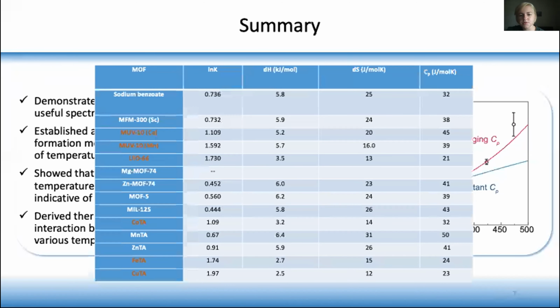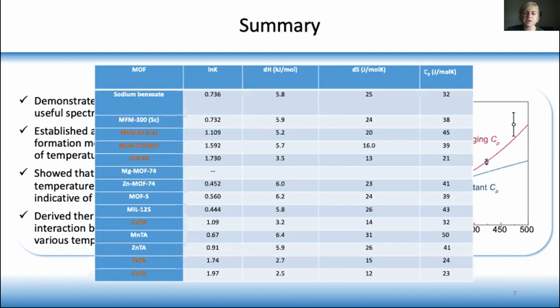What I didn't have time to talk about today were the results for other carboxylate and azolate MOFs, but briefly, I have a summary table of the same parameters we determined for copper BTC, and we see that the bonds that are expected to be stronger, so those of metal-nitrogen or titanium-oxygen and zirconium-oxygen, which I just highlighted in red, also show larger stability constants and smaller thermodynamic parameters, which is indicative of a slightly lower degree of dynamics compared to copper BTC.